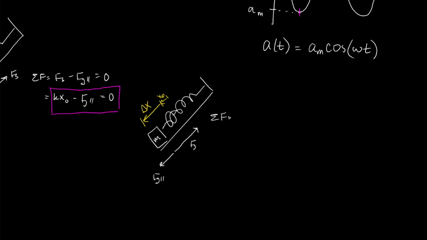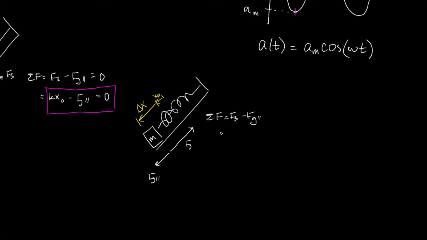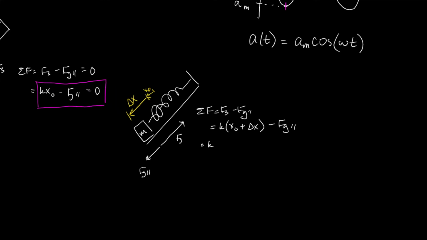So our net force equals Fs minus Fg parallel equals k times x naught plus delta x minus Fg parallel, or k x naught plus k delta x minus Fg parallel.